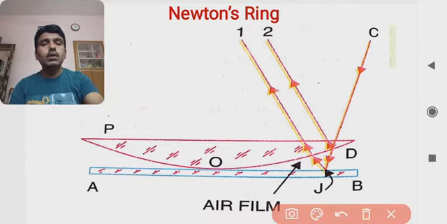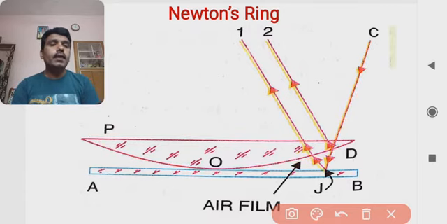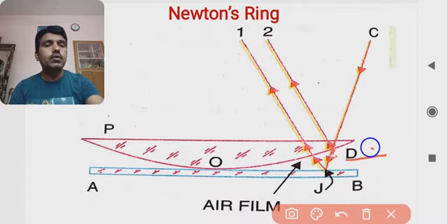If you look at this, it is the same plano-convex lens in zoomed form, and at this stage the monochromatic light CD is incident. When the light rays come at this point D, the light rays are in the glass medium, and here the medium changes from glass to air, coming into the air film.